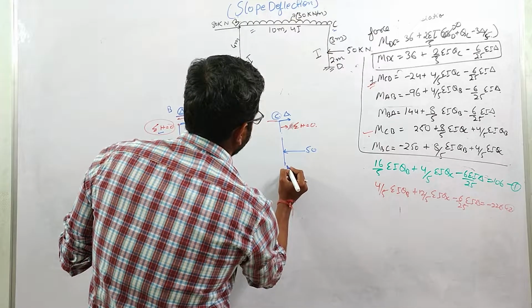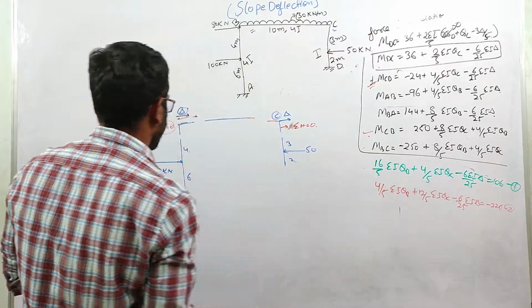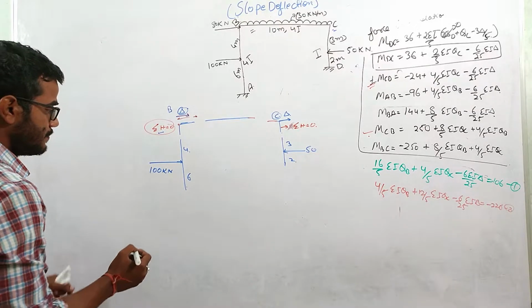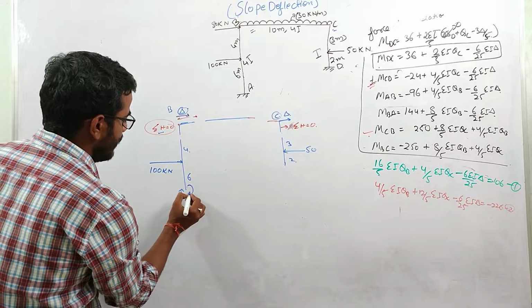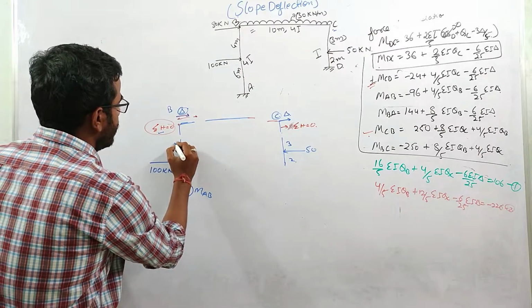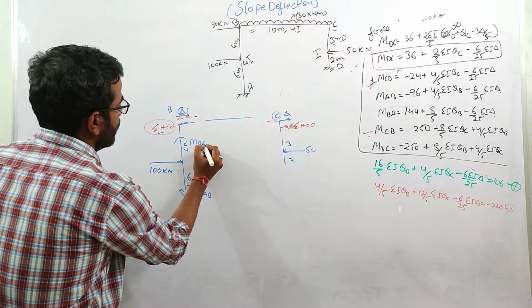And at this D point, this is 3 and this is 2. Now let us show the end moments. End moments we have assumed that it is acting clockwise. So here will be M of AB. At this point there will be M of BA.